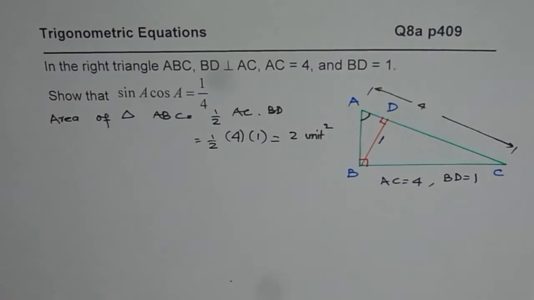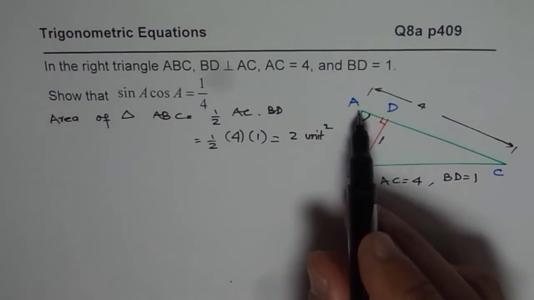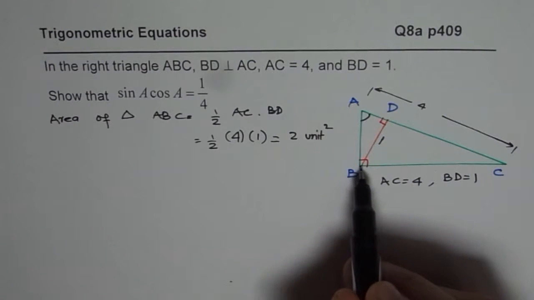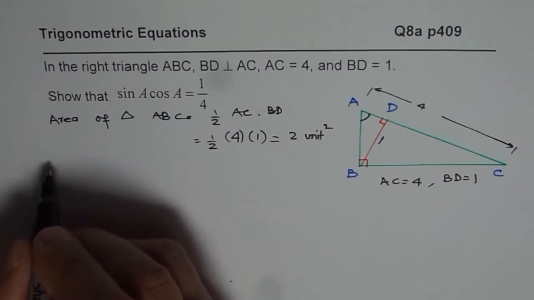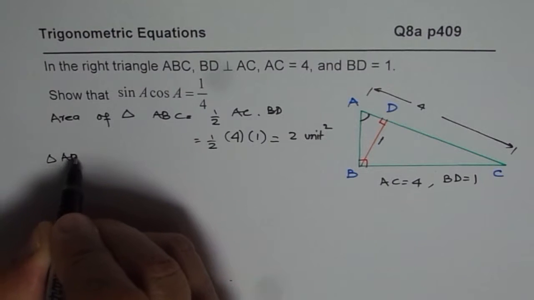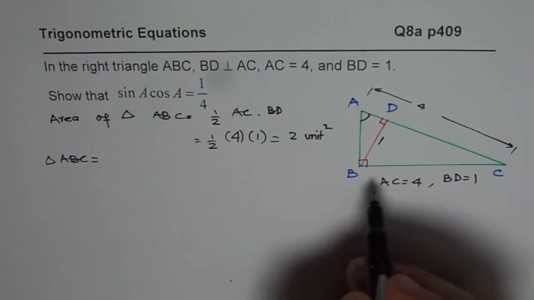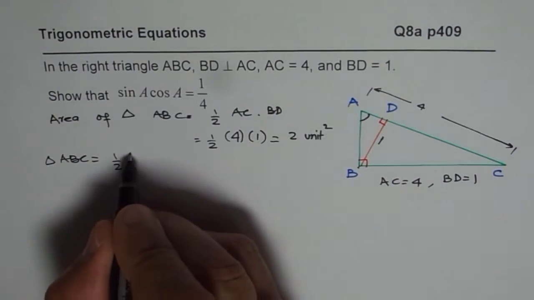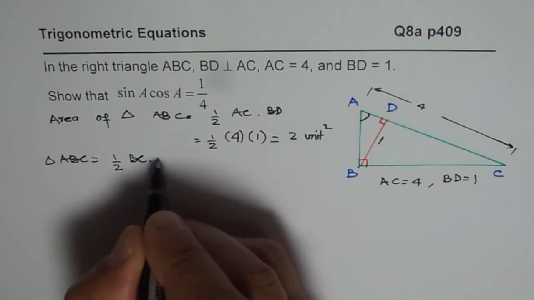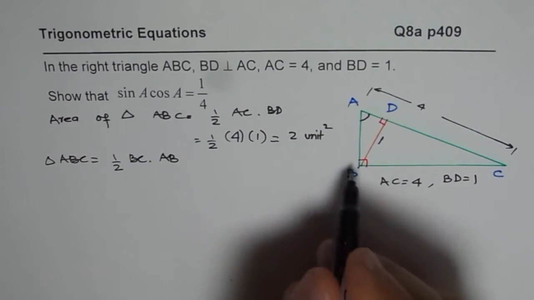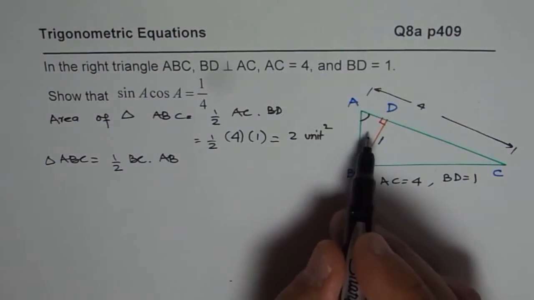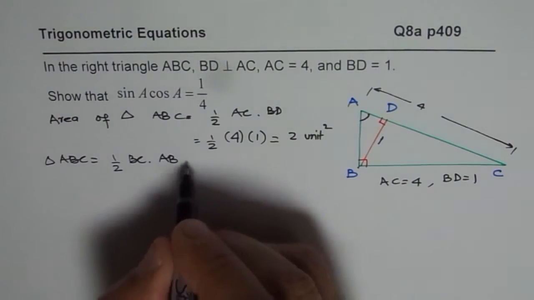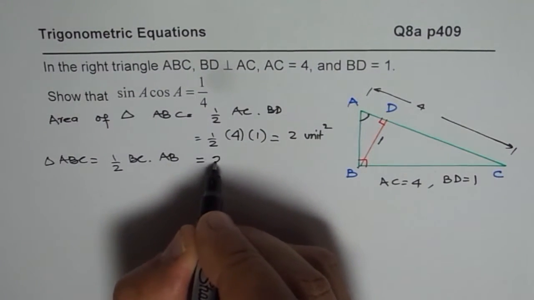Now, we could also see this triangle as a right angle triangle ABC, 90 degrees at B itself. So in that case, how do we write the area of the triangle? Area of triangle ABC could also be equal to half of BC times AB. But we know that the area of the triangle is 2 unit squares, so I can equate this to 2.